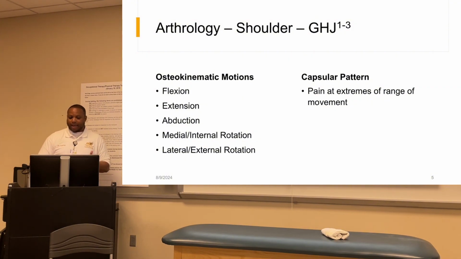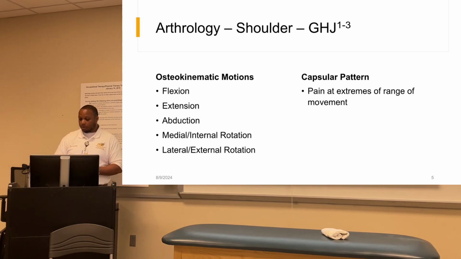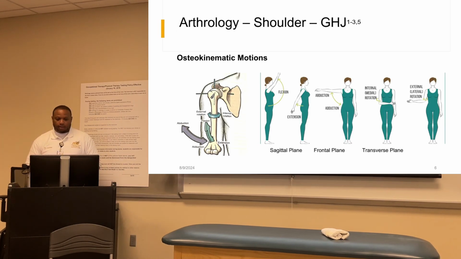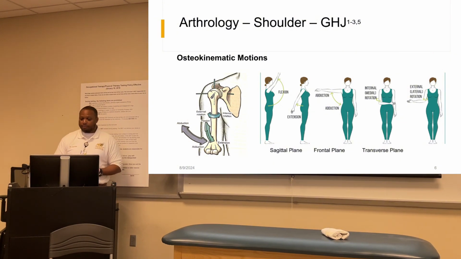And when we talk about abduction, this one's more so referring to coronal abduction. Medial/internal rotation, you can see either as terminology, and lateral external rotation. The capsular pattern for the GH joint is pain at the extremes of the range of movement.